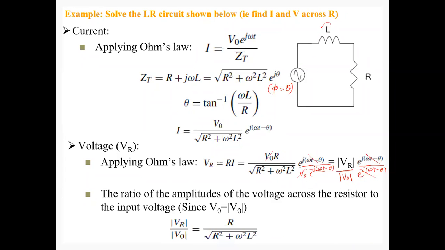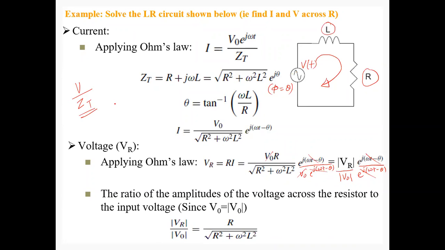The inductance is here and the R is here. Then what is the current flowing in this circuit? Ohm's law. If this is V(t), what does Ohm's law tell you? Ohm's law is V over G(t), the total impedance in the circuit.